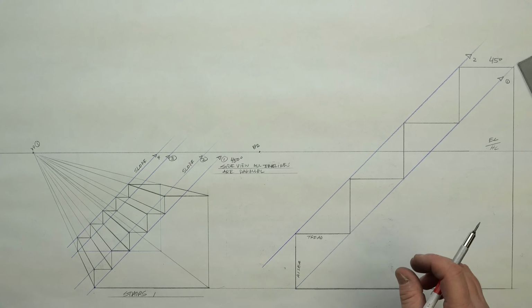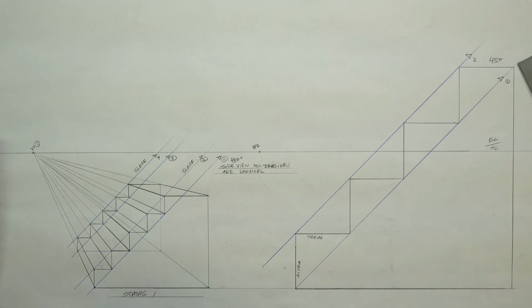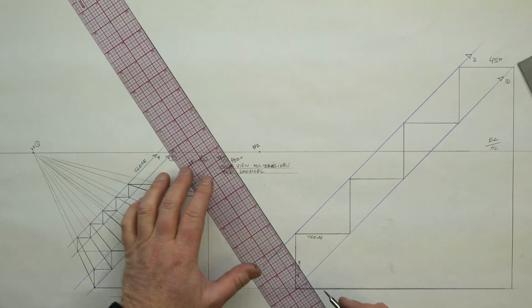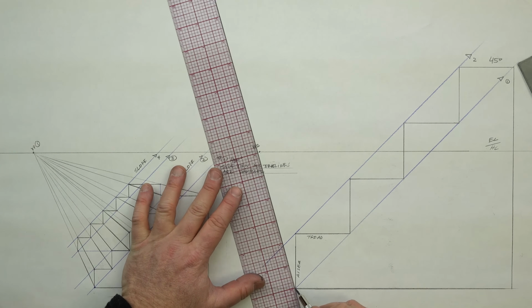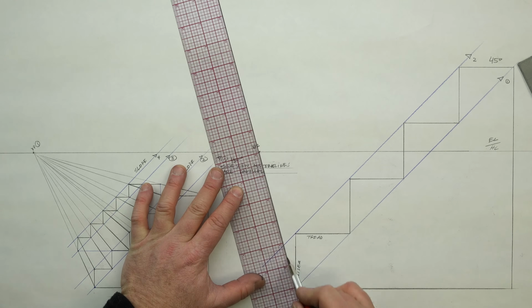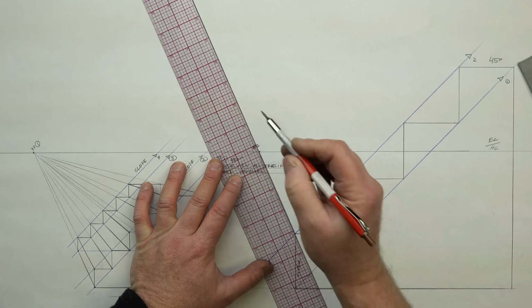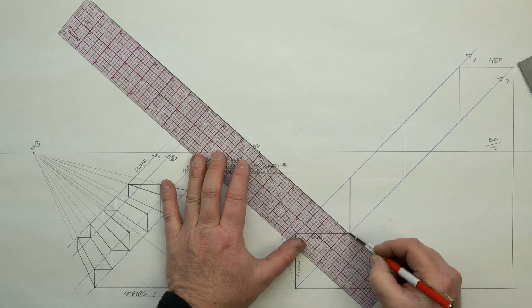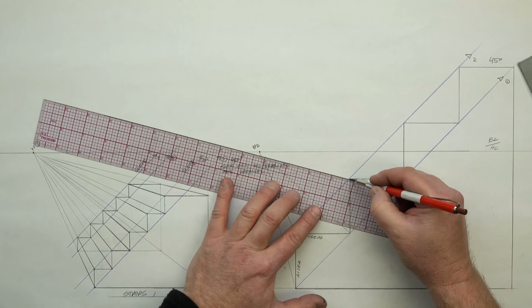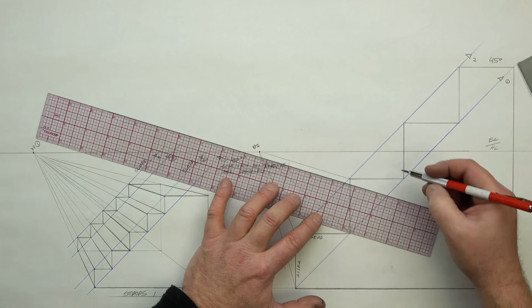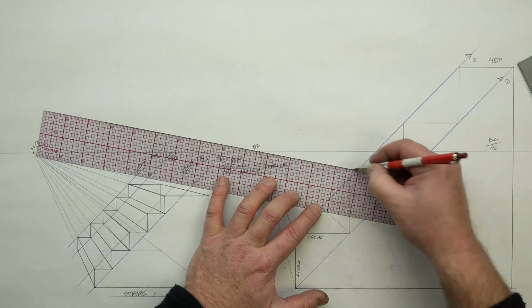So let me get my longer see-through ruler, and we'll just take it slow, and we'll work our way through here. All right, so from the bottom here, we'll go to vanishing point 2. Same thing here. All right, and there. Side view of stairs. Pretty easy so far. And 1 point here.